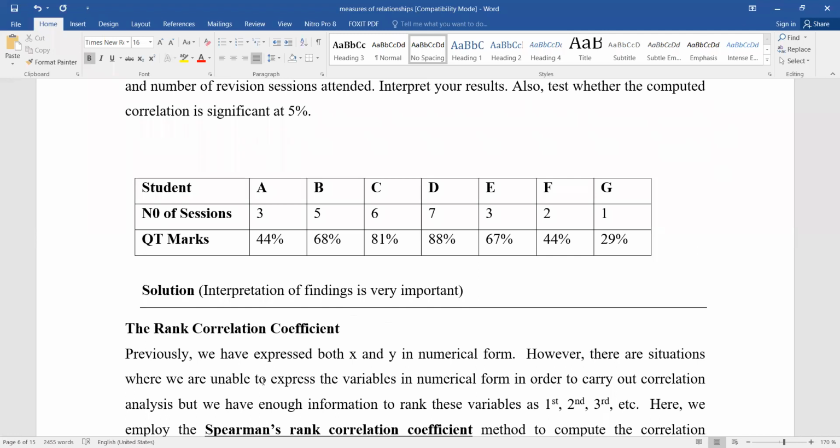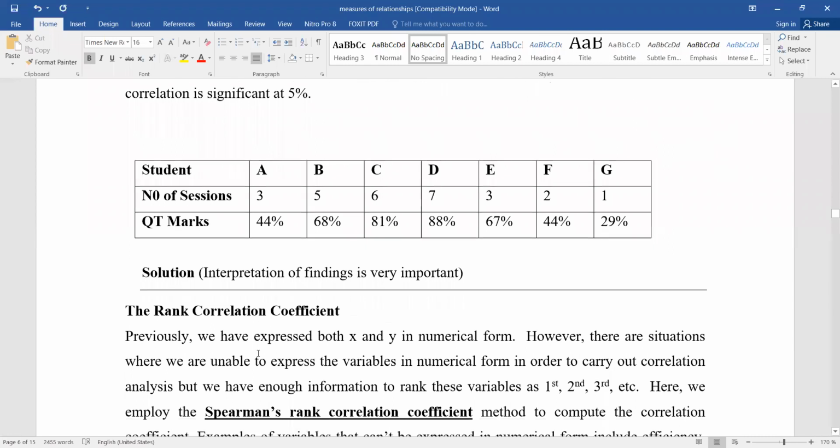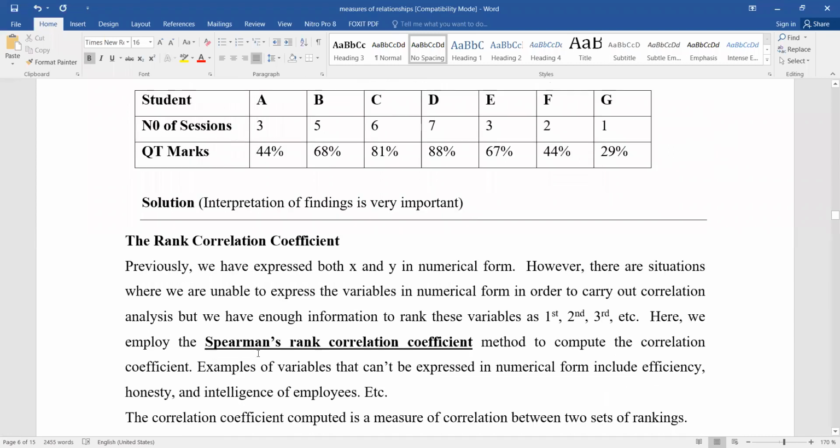Here we employ Spearman's rank correlation coefficient method. Variables not expressed in numerical form include efficiency, honesty, and intelligence of employees. You cannot measure intelligence or honesty.